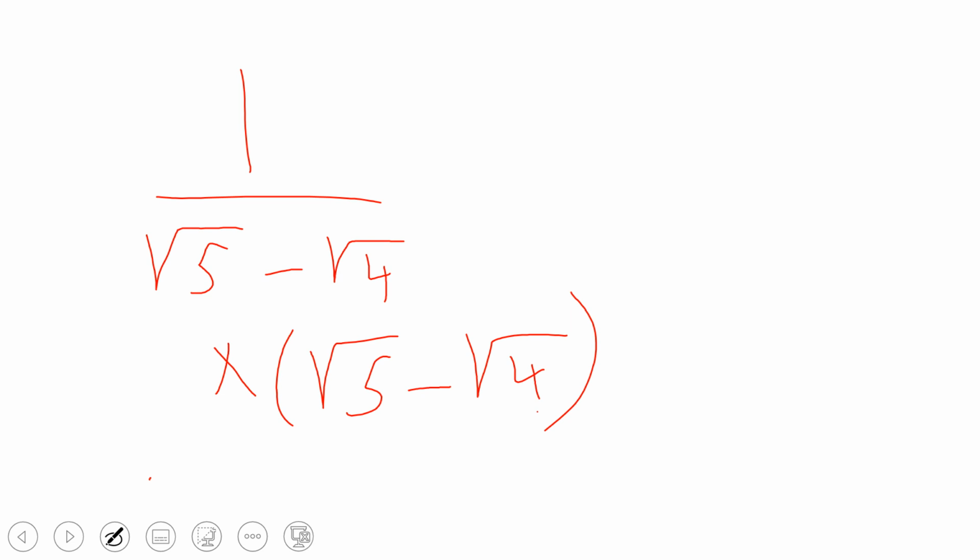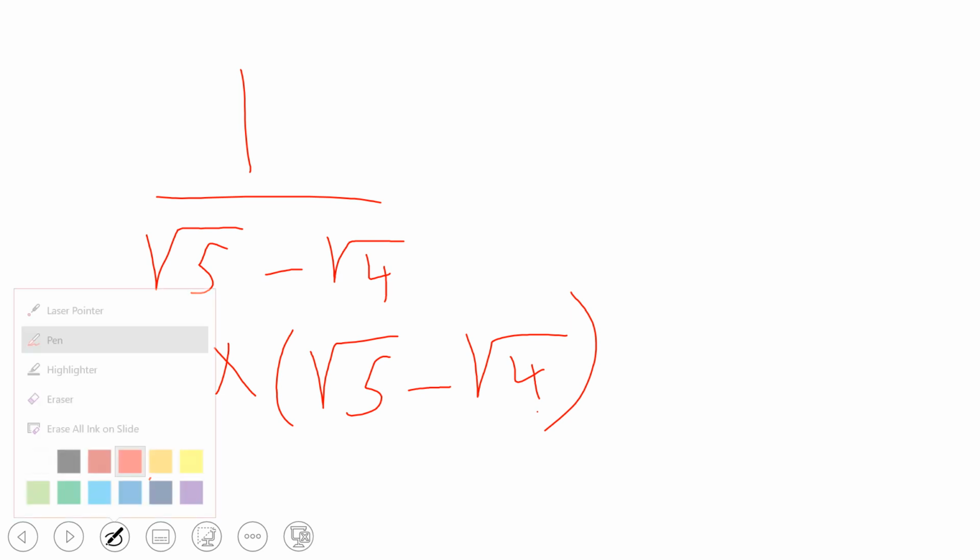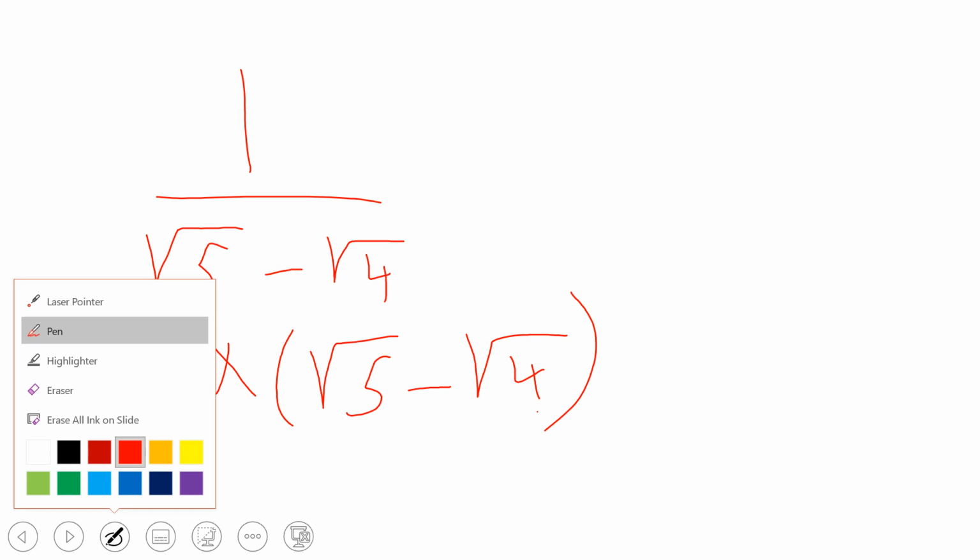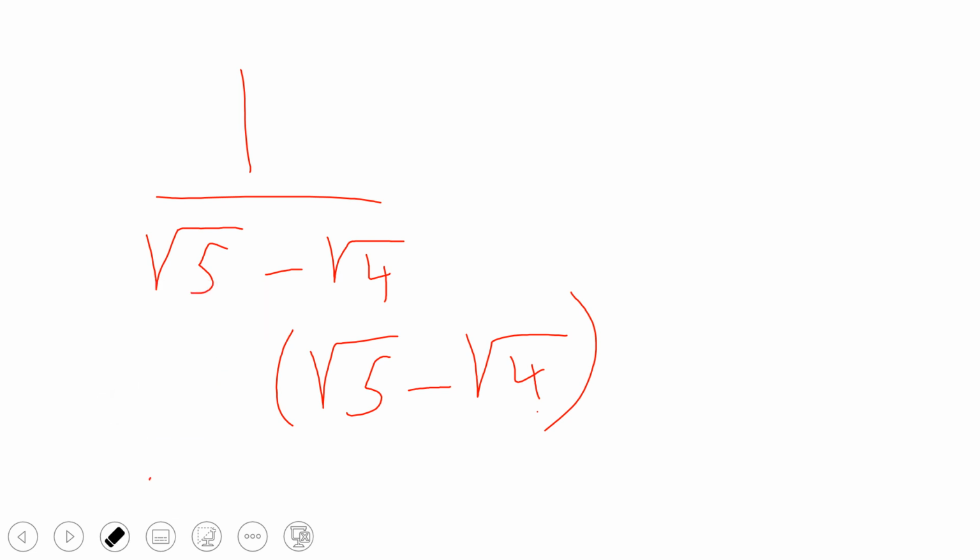The way we can do this is by multiplying the square root of 5 by the square root of 5 and multiplying negative square root of 4 by plus square root of 4. This factorization is known as the difference of squares factorization, which I'm going to talk about in a second. If you already know this, you can just use it. If you don't, we're going to talk about this in a second.